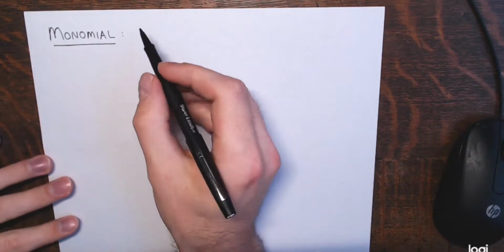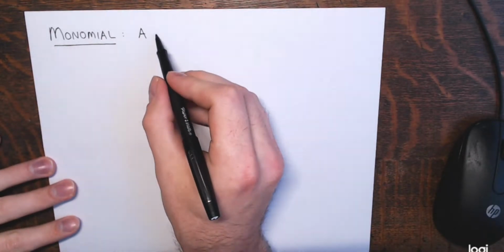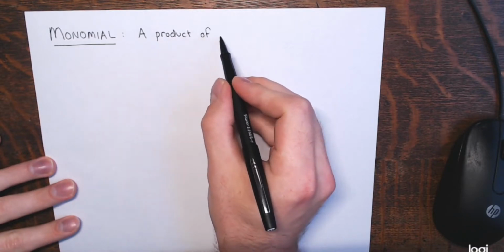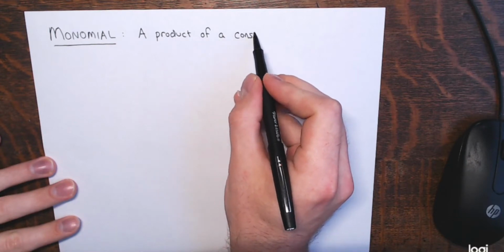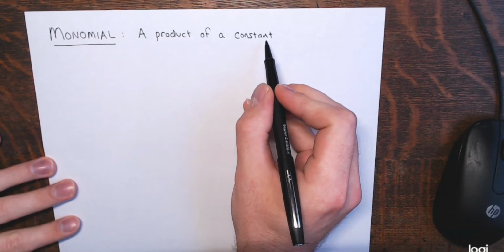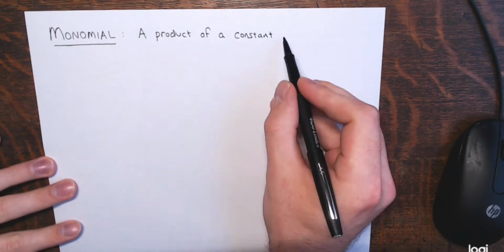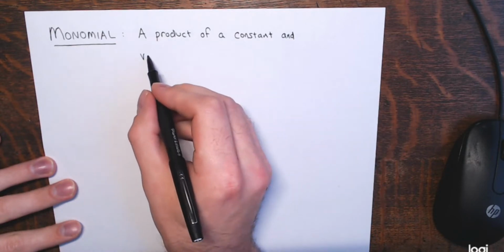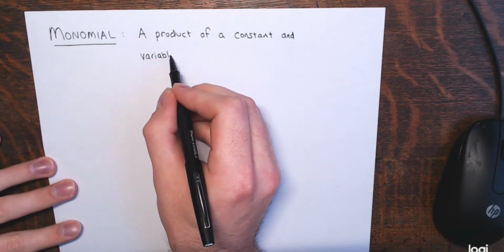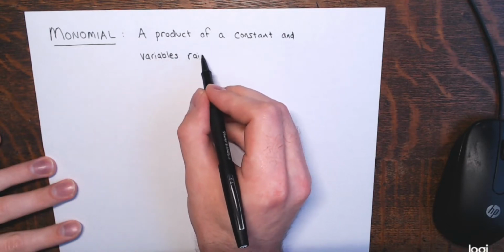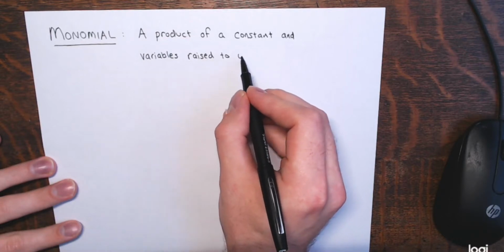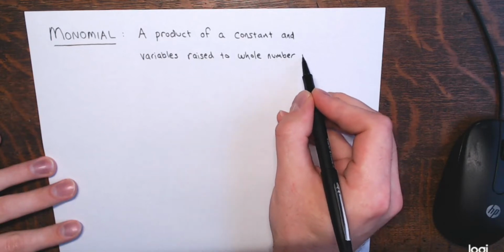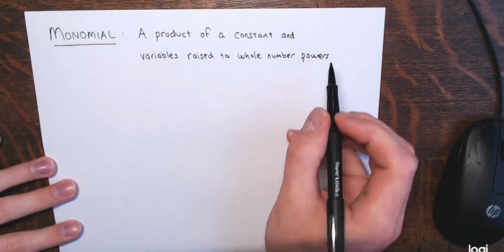But a monomial is simply a product of a constant, alright, so some real number, just a number, a product of a constant and variables raised to whole number powers. Whole number exponents. Right.